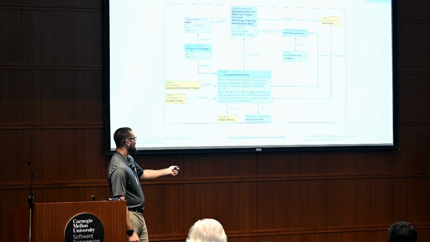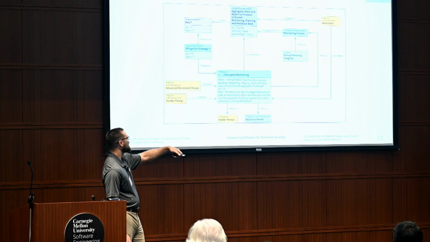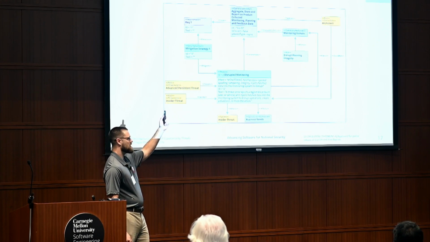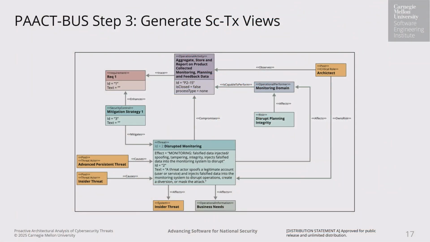Next up, if we go into the middle of the diagram, we see that compromises relationship. This is where we're going to identify what activity our system does that this threat scenario is going to affect. So if we have a website and our threat scenario is that a threat actor is causing a denial of service on our website, that's probably going to affect the activity of serving the website.